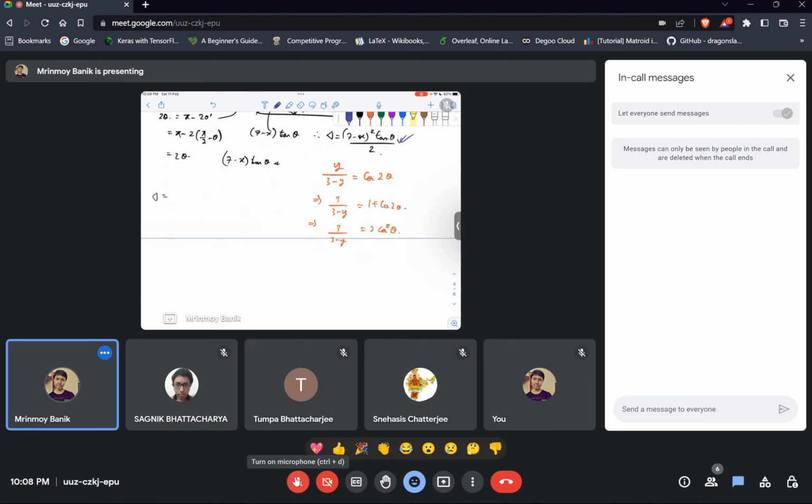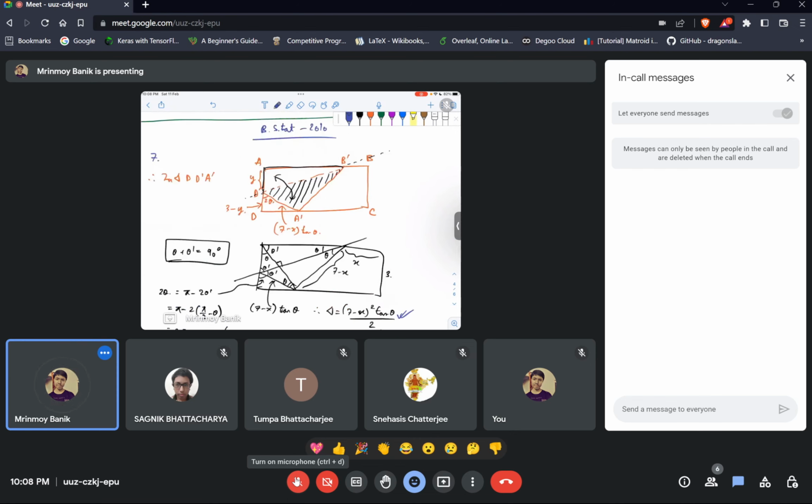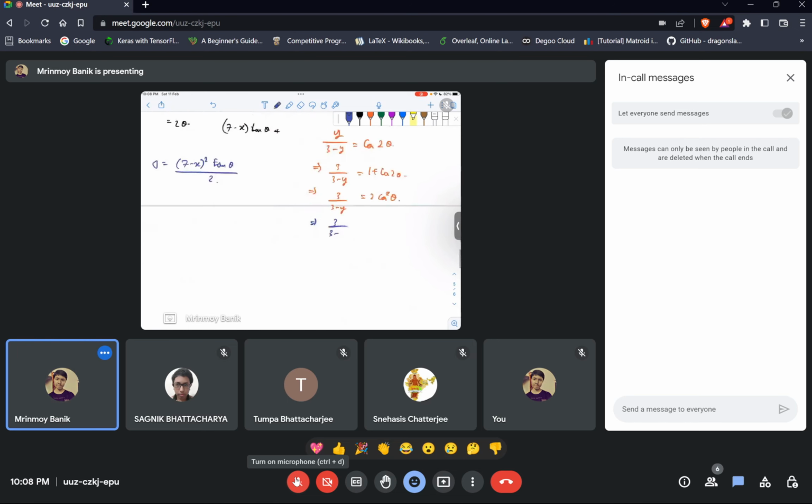So delta is (7 minus x) squared tan theta by 2. We know y is 3 minus (7 minus x) tan theta. The 3 gets cancelled, it's 3 by (7 minus x) tan theta.